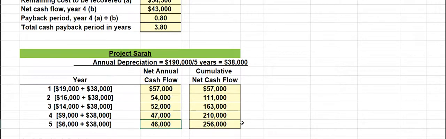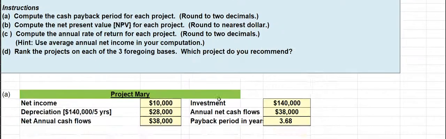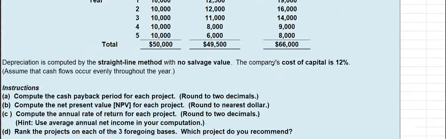And so you will notice that by the time we get to year 3, we are at $163,000. Year 4, we have exceeded the 190. So we know we're not going to need more than 4 years to get our money back, to recoup our $190,000 that we invested.